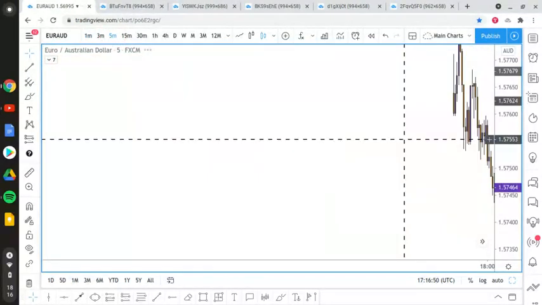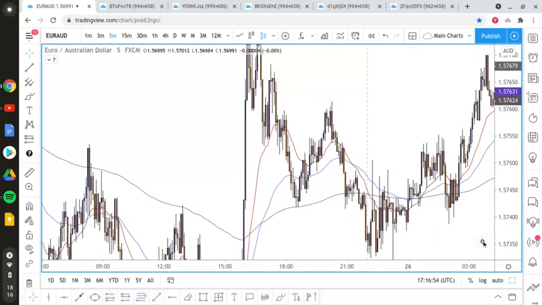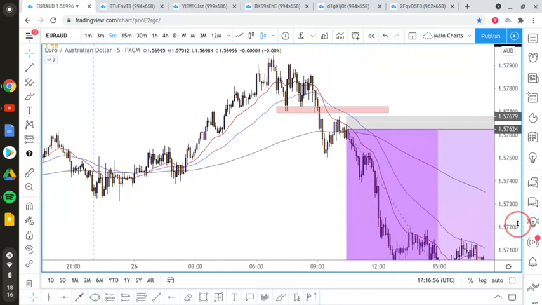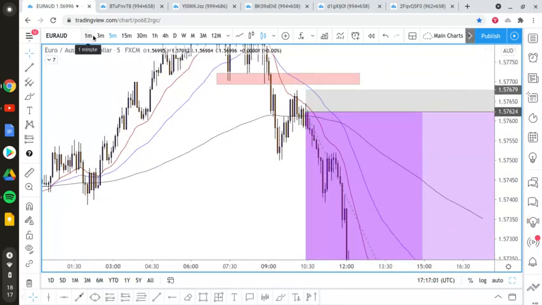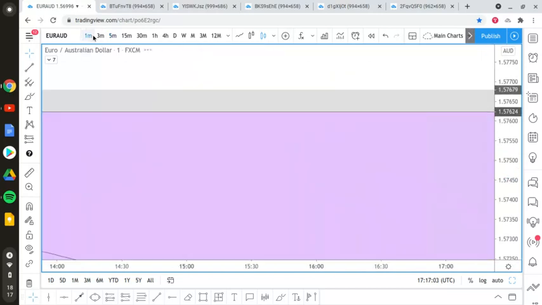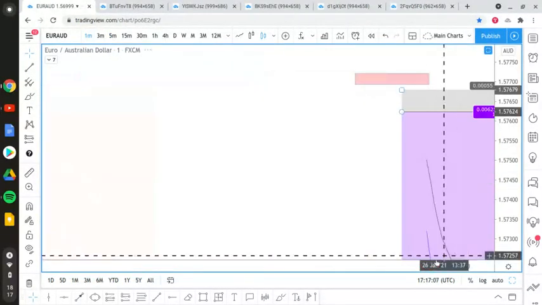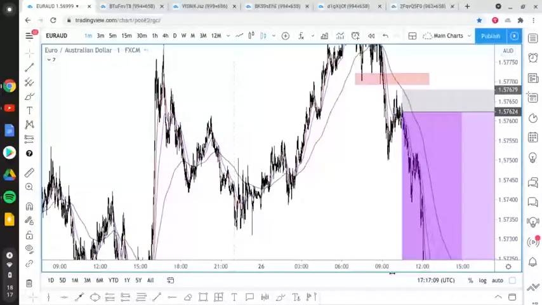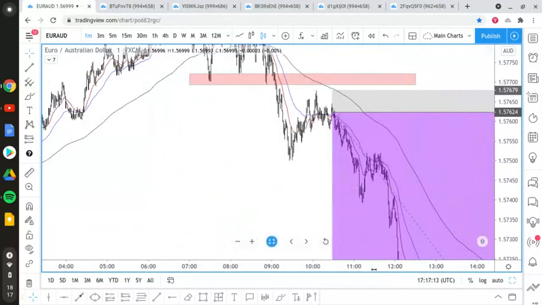Now to go to the targets, I'll go up a time frame. The first management point was I had to see how price reacted at the 1 minute stochastic oversold, because I entered on the 1 minute overbought.